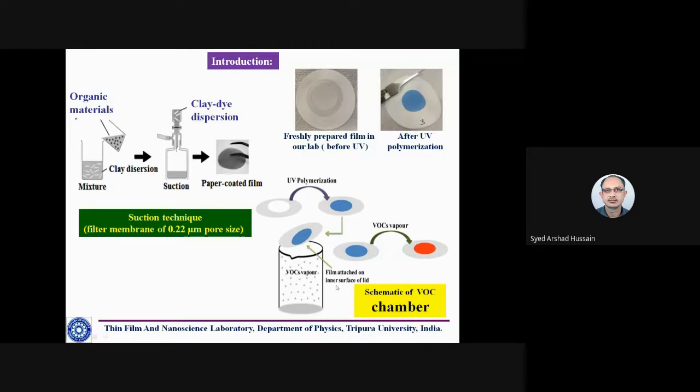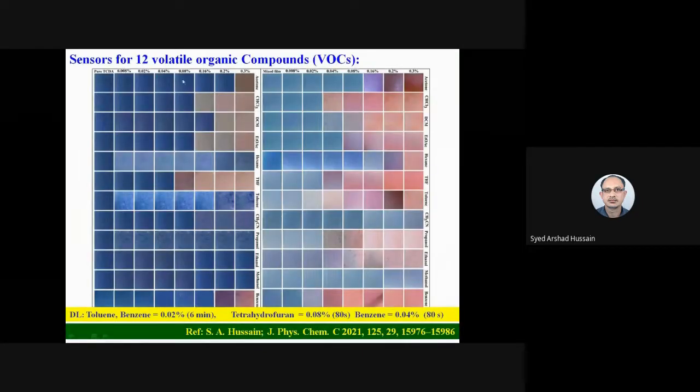So we put VOC or gasoline here, or sometimes we put this film on the silencer of the car, while sensing the pollution level in the car exhaust. You see the response, the color change from blue to red, for 12 different volatile organic compounds.